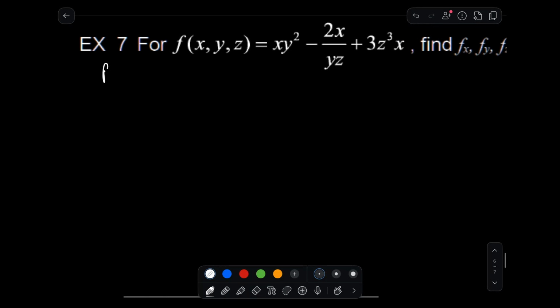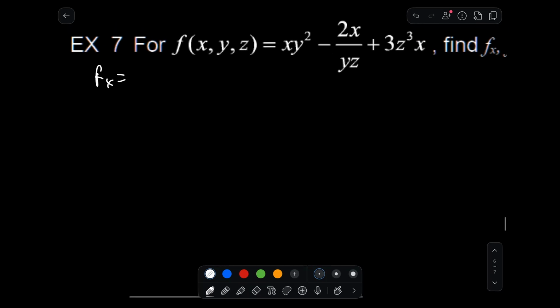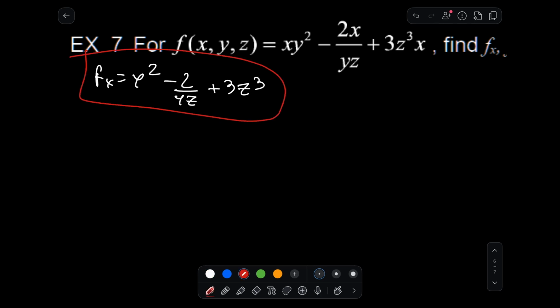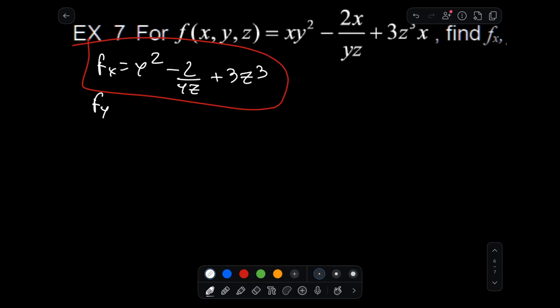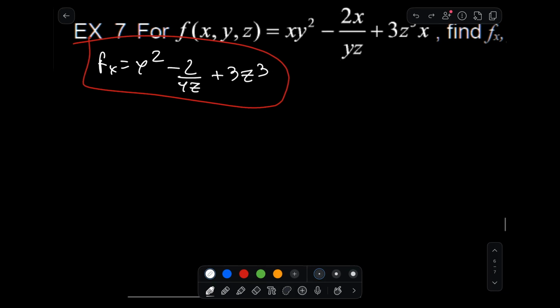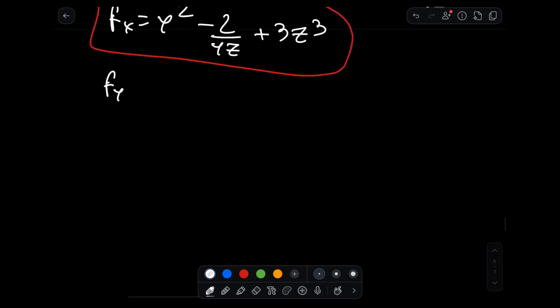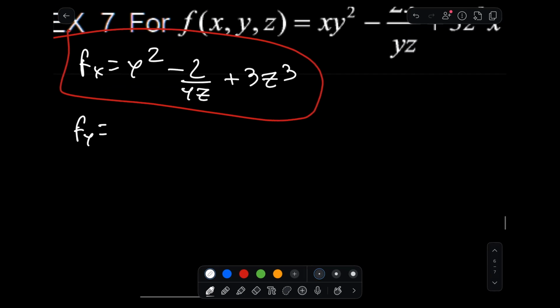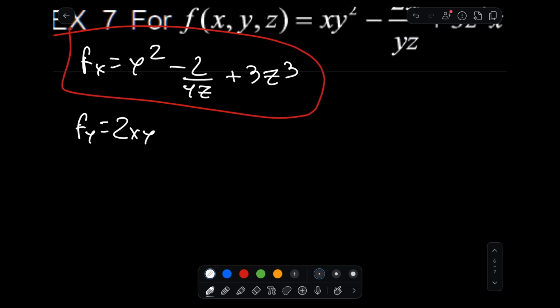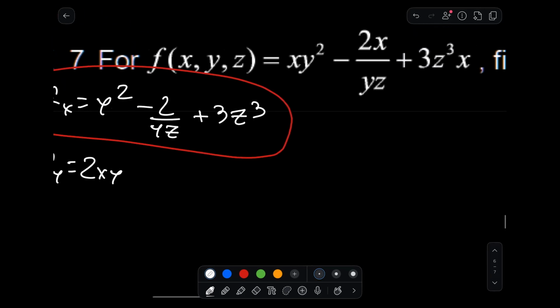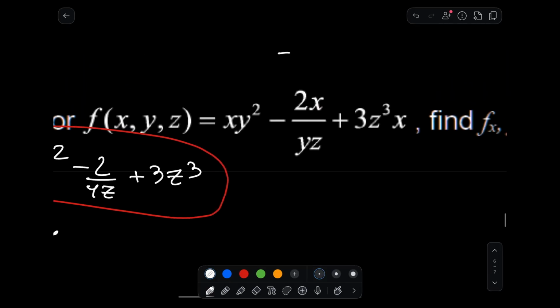So for f sub x, we have y squared minus 2 over yz plus 3z squared, red box over it. f sub y. Let's move this a little bit down, actually. We have 2xy, and I'm going to rewrite this as negative 2x yz to the negative 1.